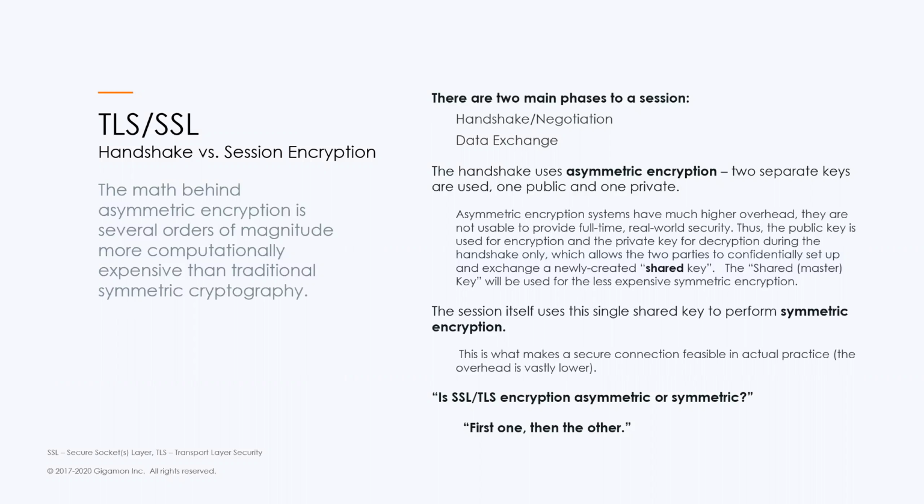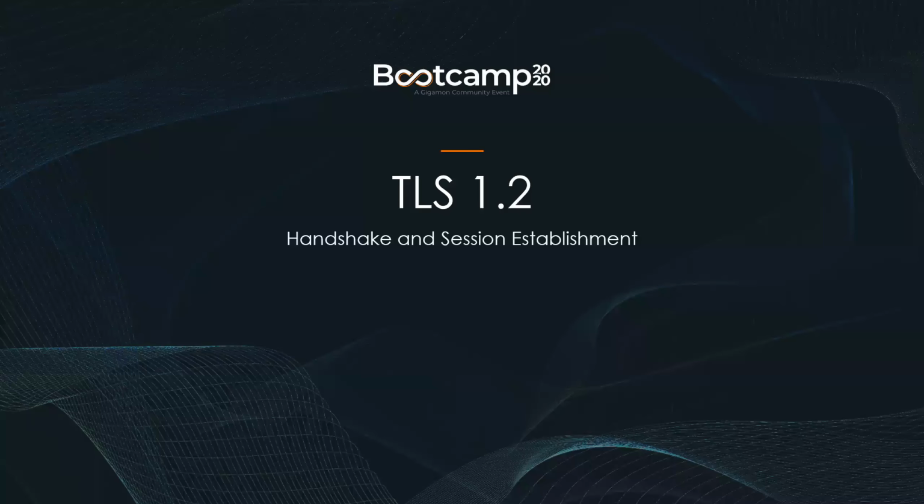So the question is, is SSL/TLS asymmetric or is it symmetric? Well, first it's asymmetric during the handshake phase, and then because it's so computationally expensive, it becomes symmetric when session keys are exchanged for symmetric, much lower cost encryption.